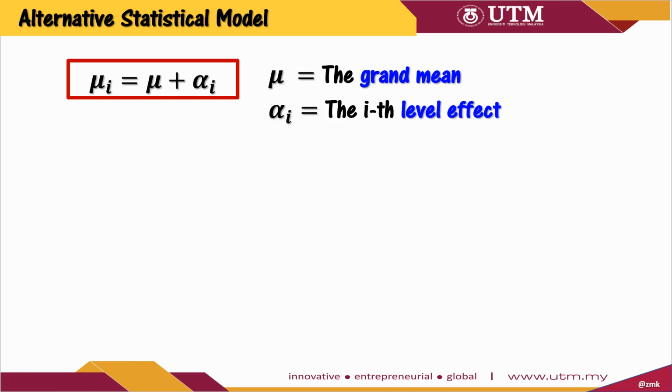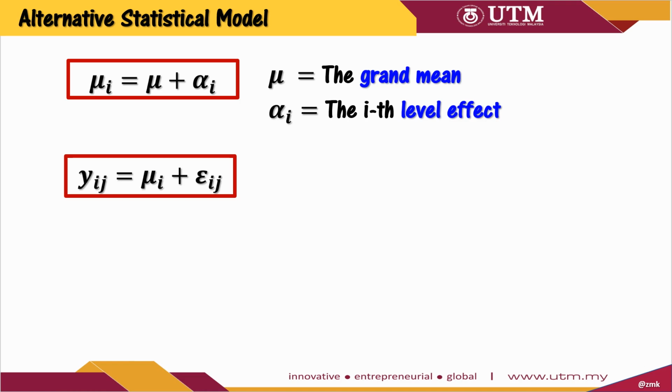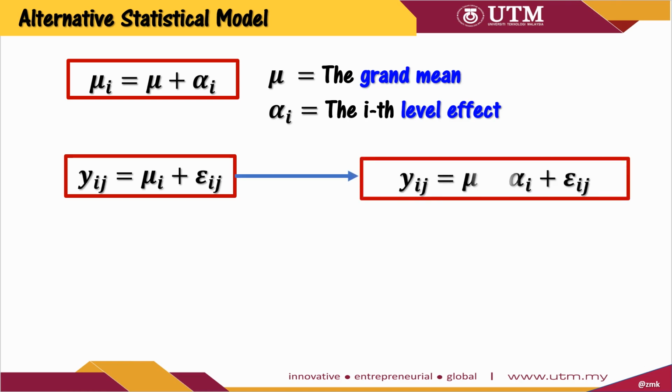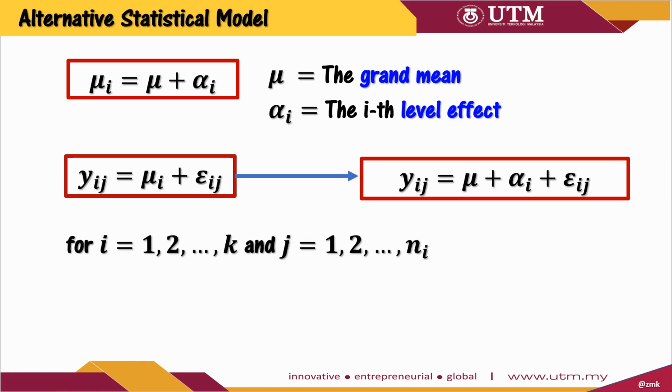Therefore, from the previous model of Yij equal to mu i plus epsilon ij, by substituting the level mean mu i by mu plus alpha i, we then get an alternative model or equation underlying a one-way ANOVA, which is given by Yij, which is the observed value, or in general the response variable value, equal to the grand mean mu plus the ith level effect alpha i plus the errors denoted by epsilon ij, for i equal to 1 to k and j from 1 to ni.